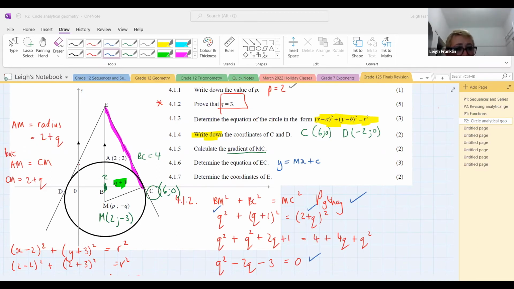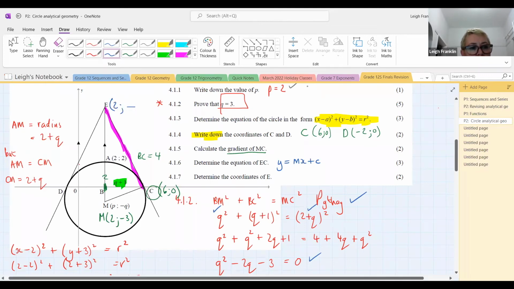E shares an x coordinate with A, 100%. So already at E, we know that x is equal to 2, don't we? Which just means that it's our y coordinate that's missing.